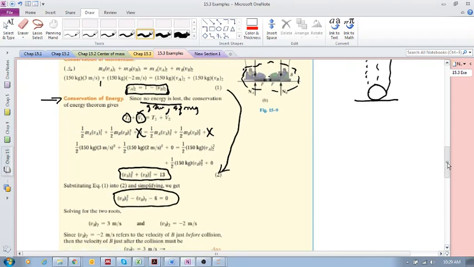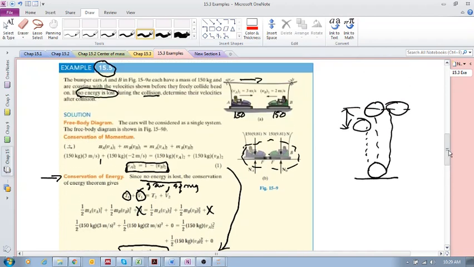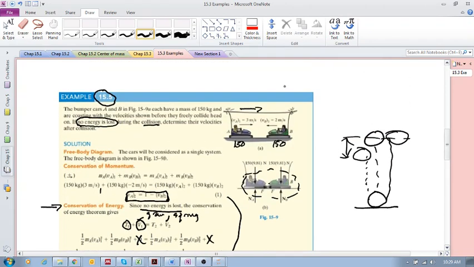Because it's a quadratic, we're going to get two roots. Remember, what is a root? It's simply where the curve cuts the x-axis. So that's what we're trying to find. We find two roots for vB, plus 3 and minus 2. Already we know that vB at state 1 was minus 2 meters per second, so that's the one root.